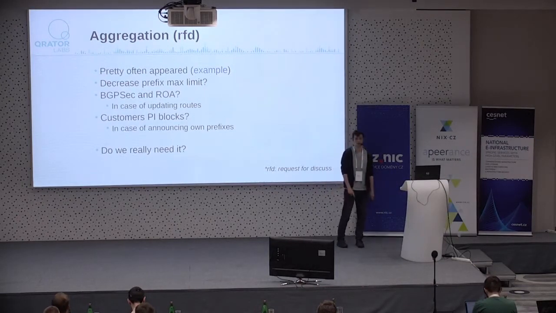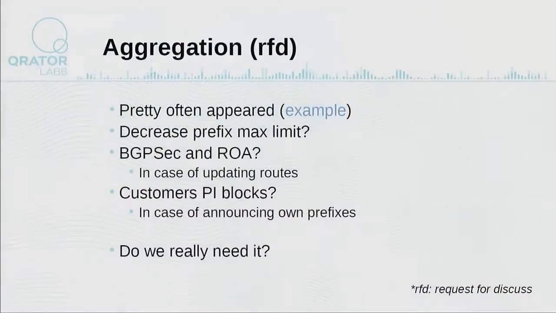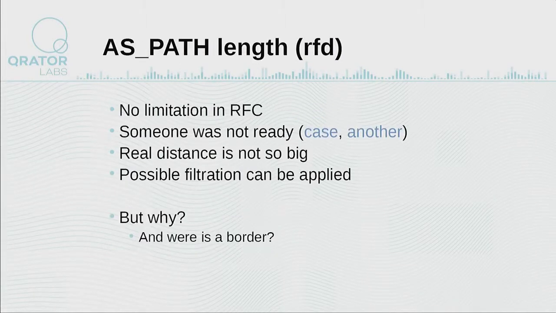So my question is, do we actually need aggregation, and who is supporting such a policy in their own networks? And do we really have such a bad time with the number of routes that are appearing in a full view?